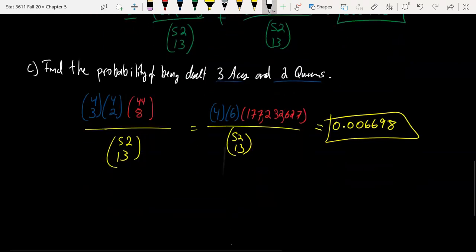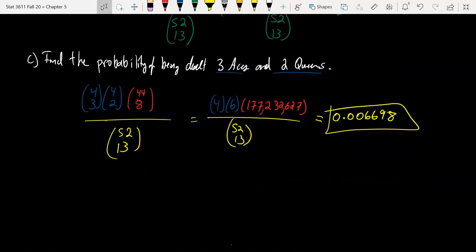All right, and so you can extend this to any number of different buckets of success that you want, for example, right?